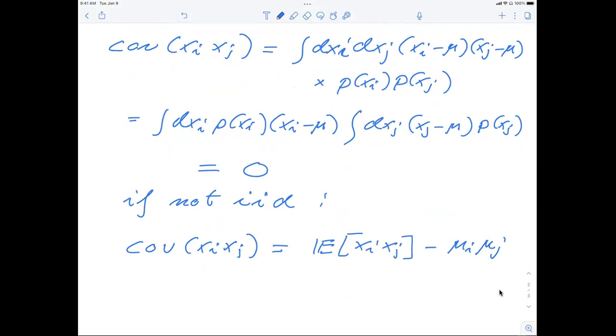Now, what we are going to do now is to manipulate the expressions for the variance for a large set of experiments.